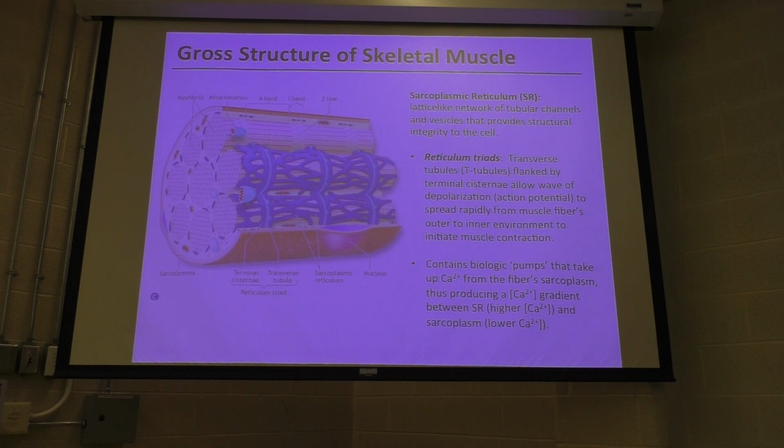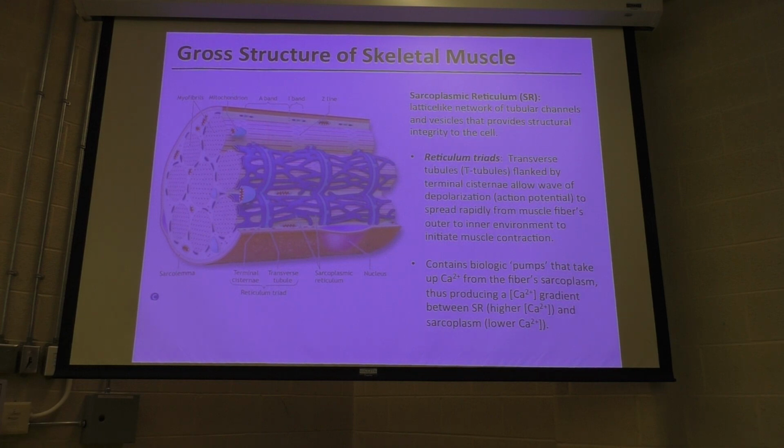When you have a signal coming in from your motor neuron, it has to travel through somehow, right? So it travels through this network, and there's a groove along this network called the transverse tubule.